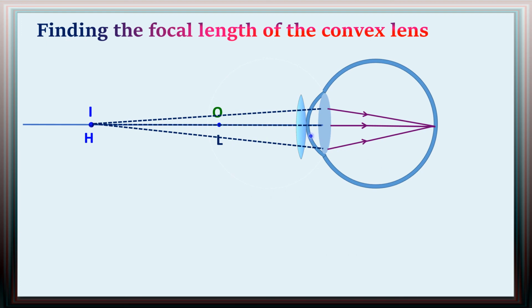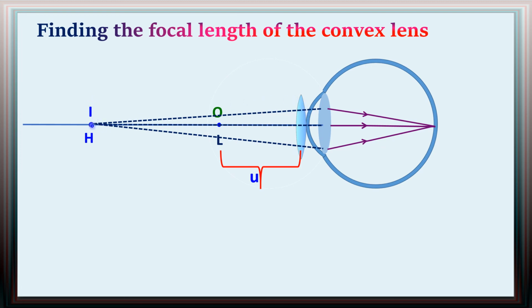So let us find the focal length of the convex lens used in this case to correct the hypermetropia. Okay. So I am going to find the focal length of this convex lens. So where is the object? The object is at L. So from here to here it is U. Where has the image been formed?